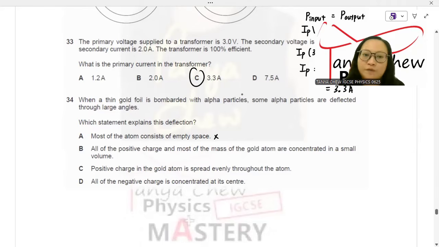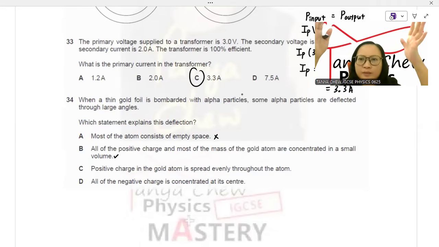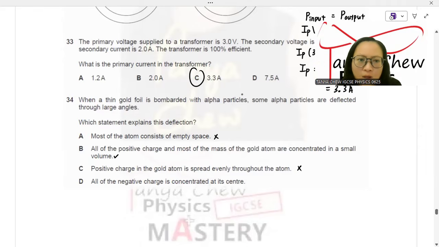All of the positive charge and most of the mass of the gold atom are concentrated in a small volume. This sounds correct to me, but I am going to prove C and D are wrong. Positive charge on the gold atom is spread evenly through the atom. This is not true. D, all the negative charge is concentrated at its center. No, negative charges or electrons are circulating outside the nucleus. So the answer is B.